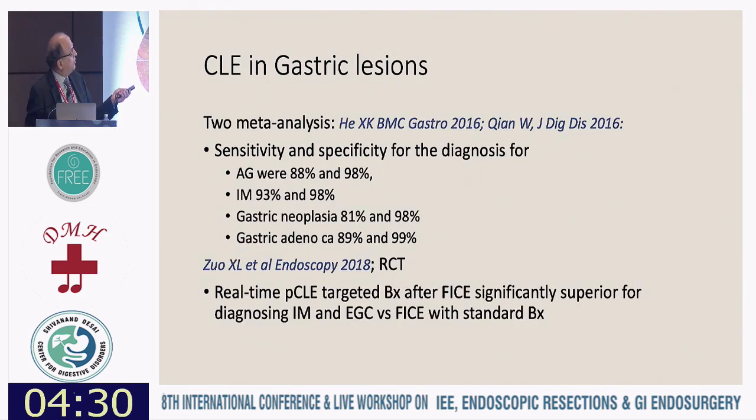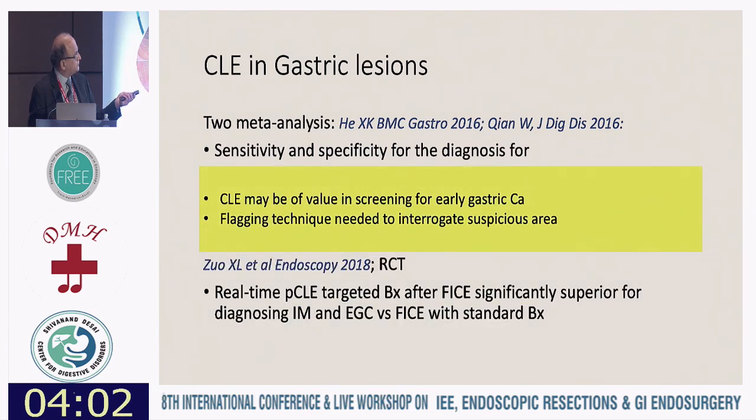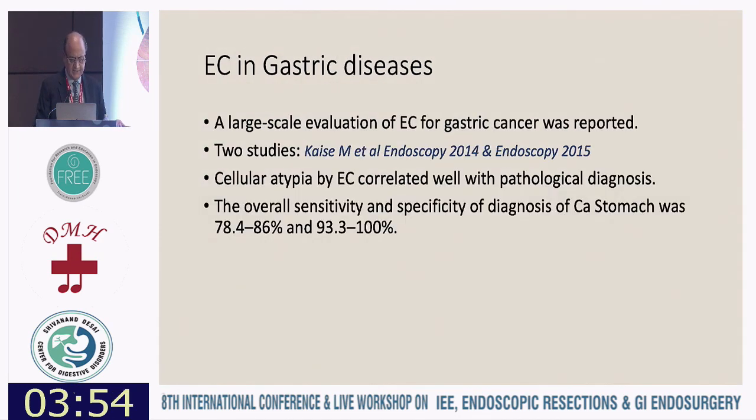And when you talk of clinical studies, there are 2 meta-analyses, again confirming the high sensitivity and specificity for both gastric neoplasia and particularly gastric adenocarcinoma. And real-time pCLE targeted biopsies after FICE was significantly superior to taking standard biopsies after FICE. So this looks to be promising. And CLE may be of value in screening for early gastric carcinoma. Flagging techniques are needed to interrogate suspicious areas.